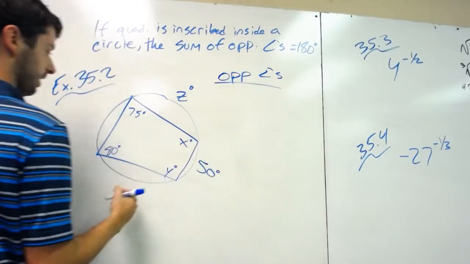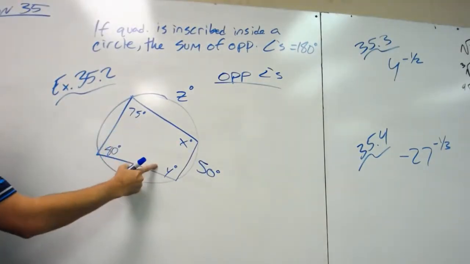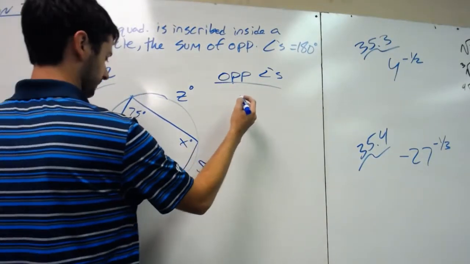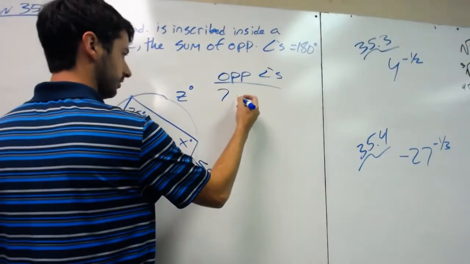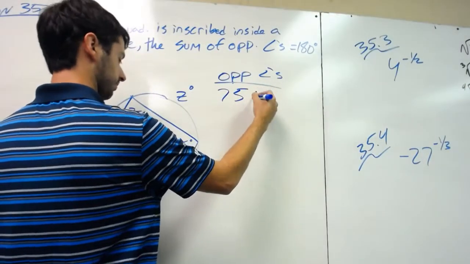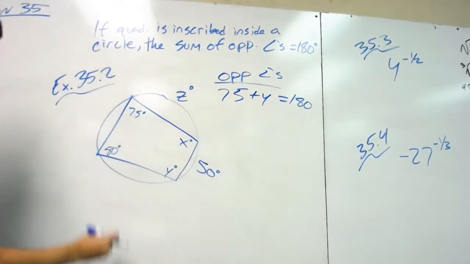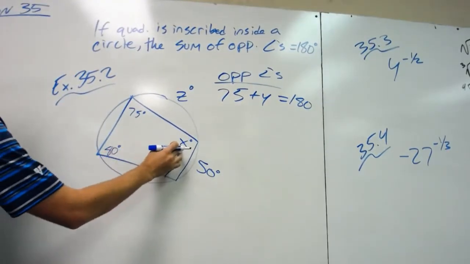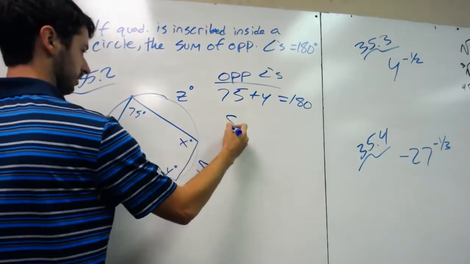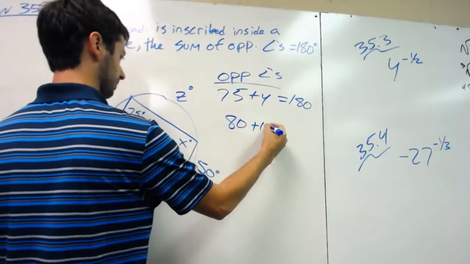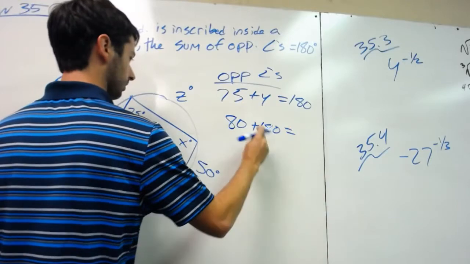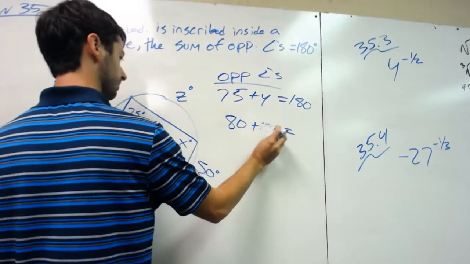We have 35 and y. Or sorry, that's a 75. 75 plus y, therefore those equal 180. And we have 80 and x as opposites, therefore 80 plus x equals 180.